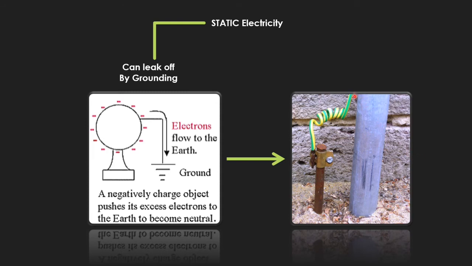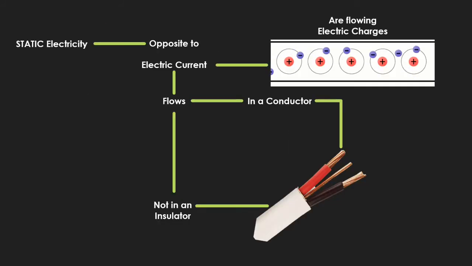So it is the best way to put a wire connected into the ground, so that all the excess electrical charges cannot harm an individual or an organism. Now again, to describe static electricity, it is the opposite to an electric current, because an electric current is actually the flowing of electric charges.